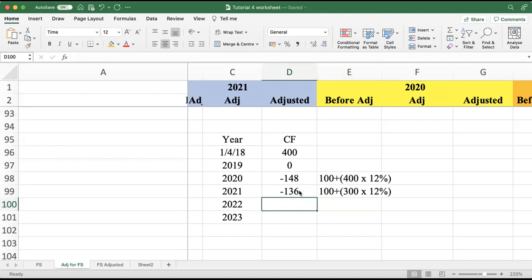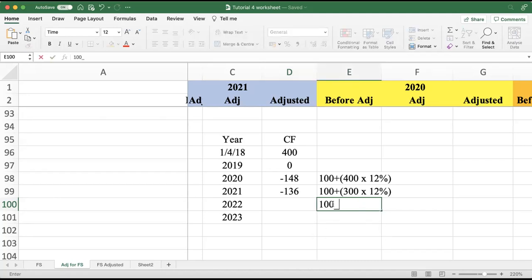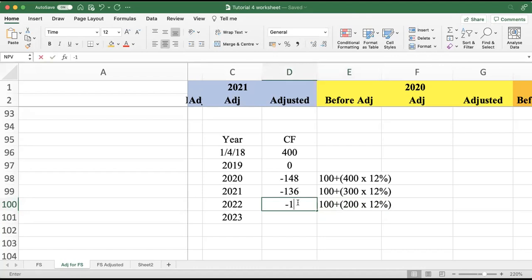Then fourth year, the loan balance is 200 multiplied by the interest rate, so the repayment is 124.